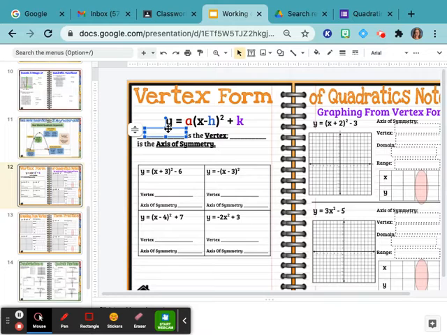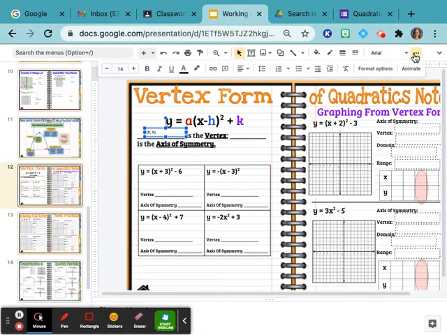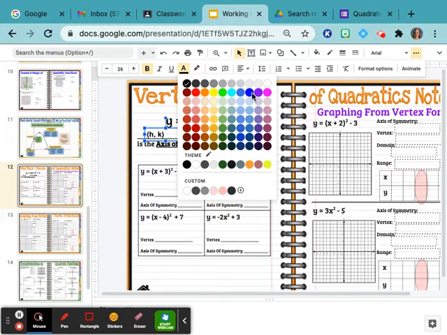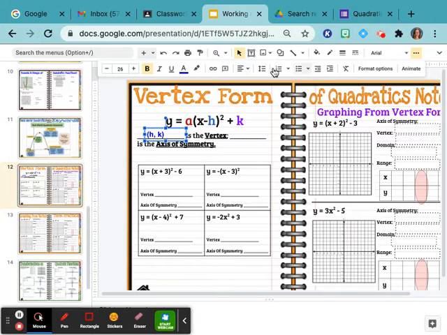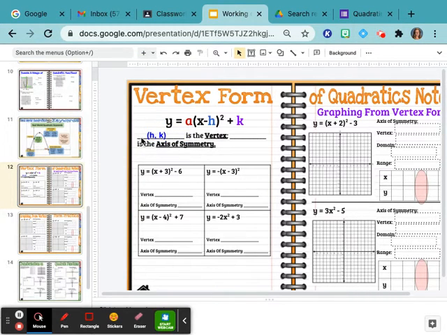If it's written in this form, it's easy to find our vertex. Our vertex is just whatever the h value is and the k value. So it's h comma k.